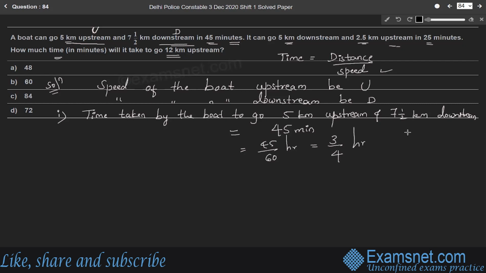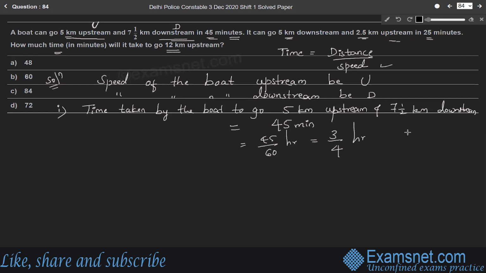right? Therefore, what is the time taken by the boat to go 5 km upstream? It is distance 5 km by u, that is the speed of the boat upstream, distance by speed.